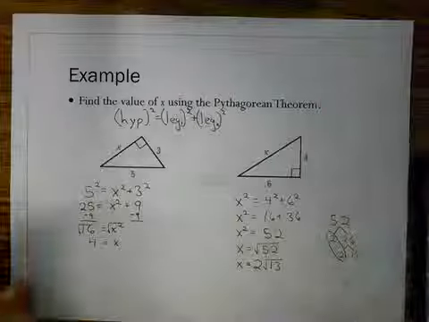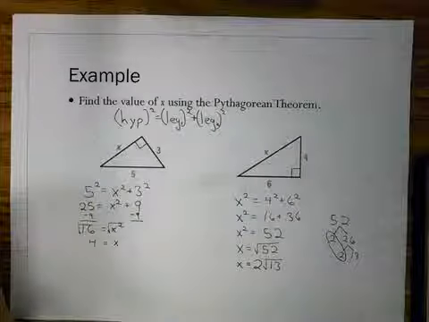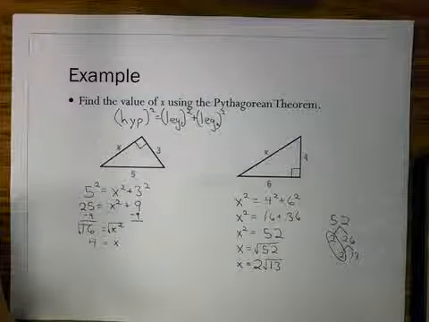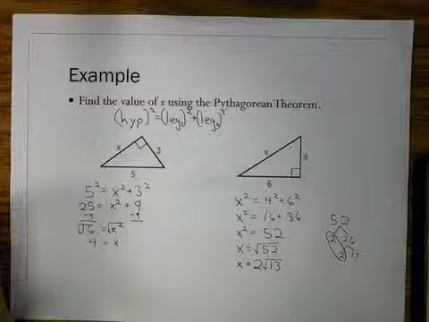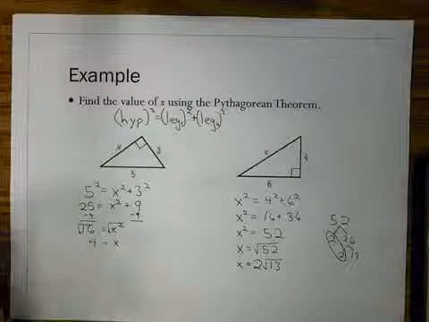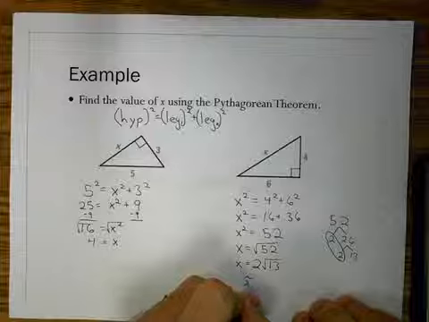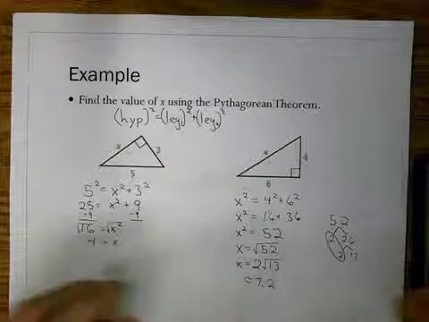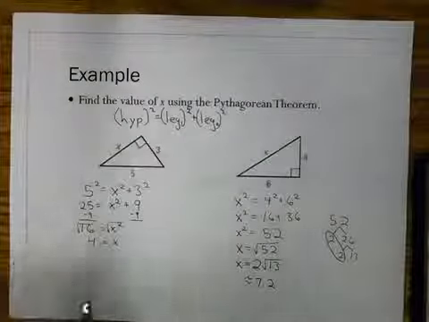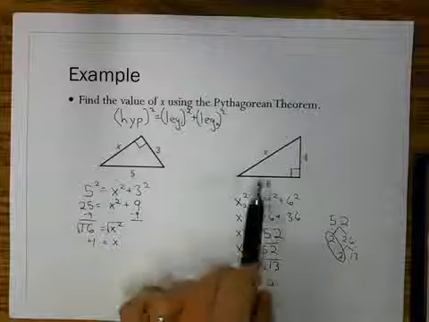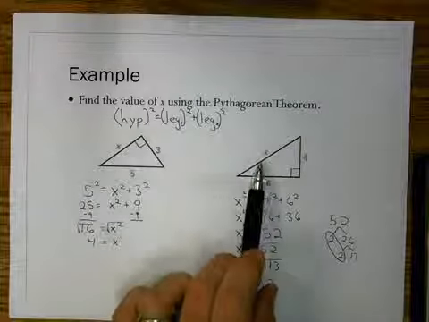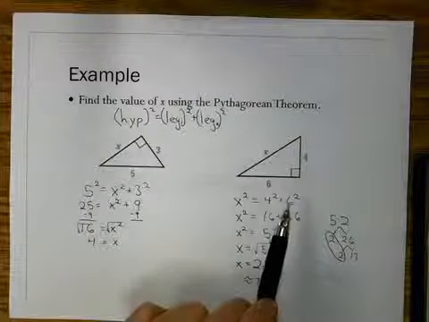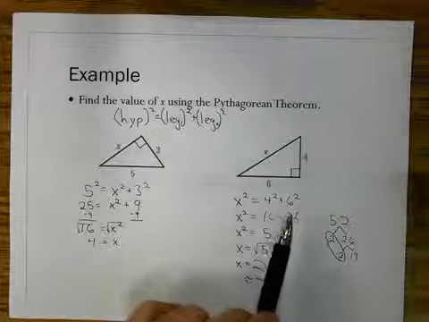And if we check it on our calculator here, that's about 7.2. Now, what that shows us here, 7.2, is that it does turn out to be the longest side, which it should be, bigger than 4 and 6. If it didn't, we didn't set it up correctly.